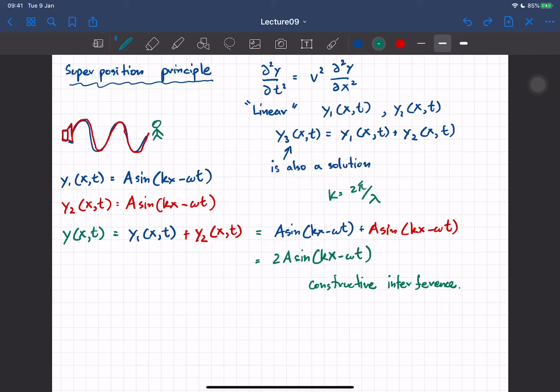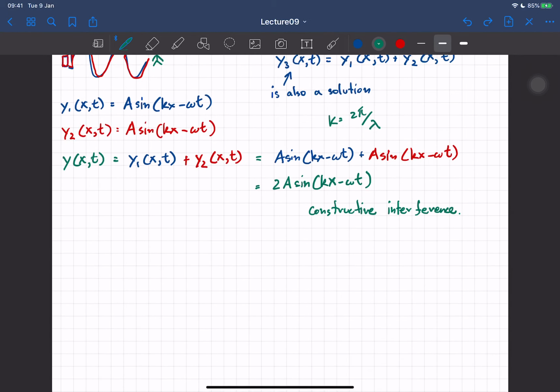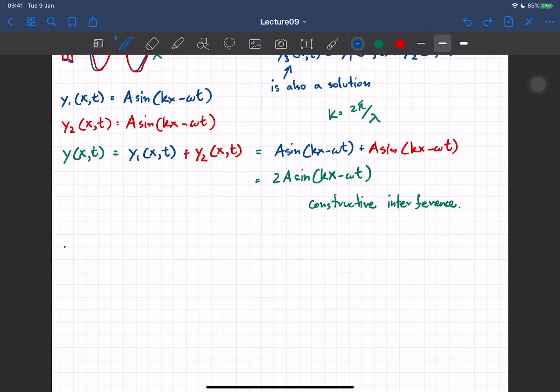Now what I'm gonna do is put the red speaker at a different point. So I'm gonna leave the blue one the same. So the wave coming out of the blue one is gonna look like this. So a sine wave again. But now the red one, I'm gonna place it exactly here.